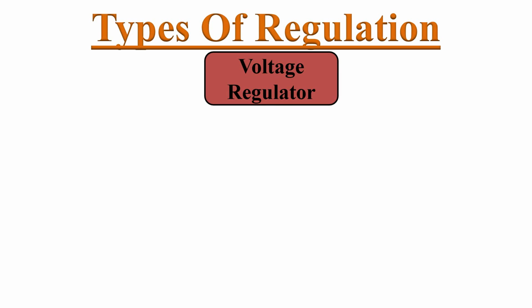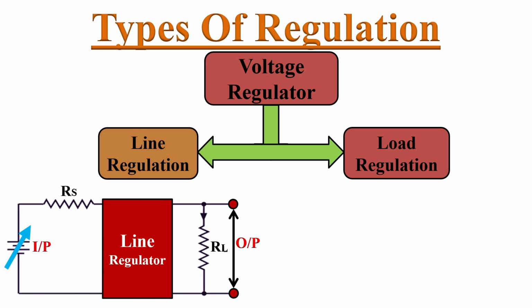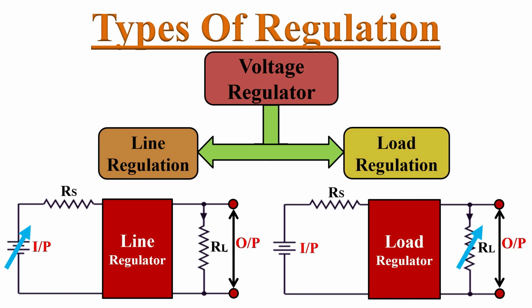Depending upon the type of regulation, voltage regulators are mainly divided into two types, namely line regulator and load regulator. The regulator which regulates output voltage to be constant irrespective of input line variations is called a line regulator, and the regulator which regulates the output voltage to be constant in spite of the variations in load at the output is called a load regulator.